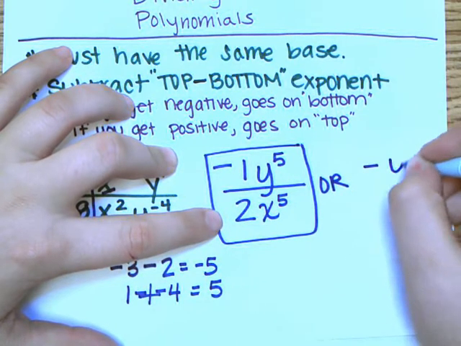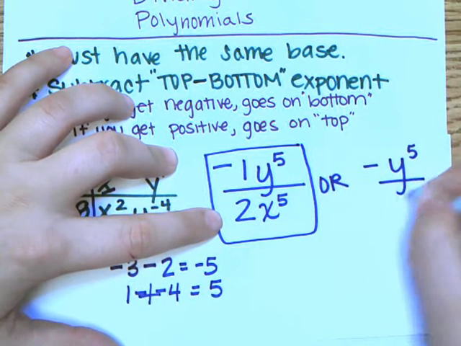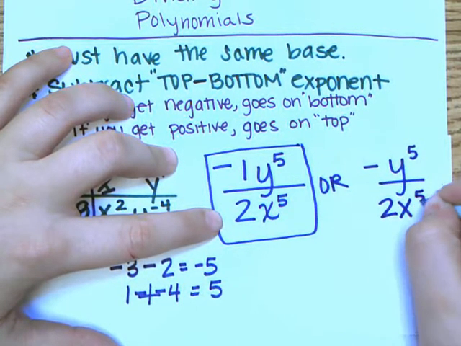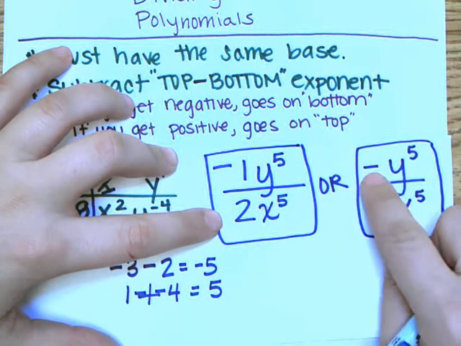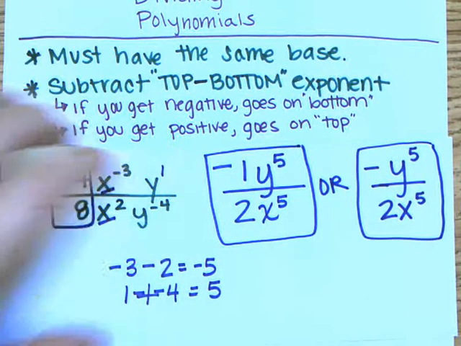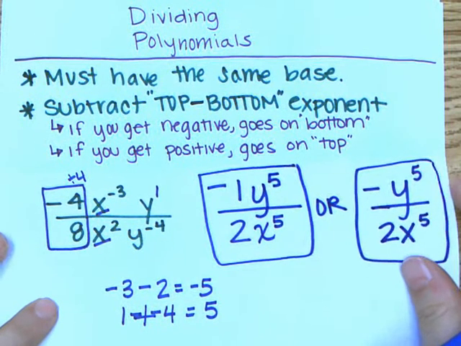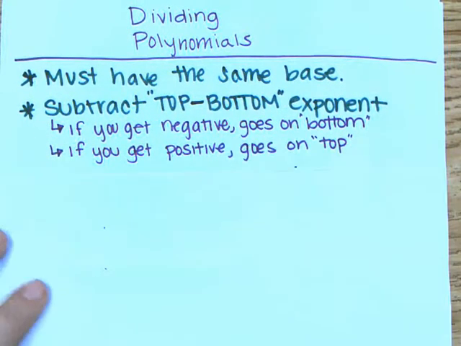We could also write this answer, because 1 times anything is itself, as y to the 5th over 2x to the 5th. And this negative can go out in the front or out on the side here.